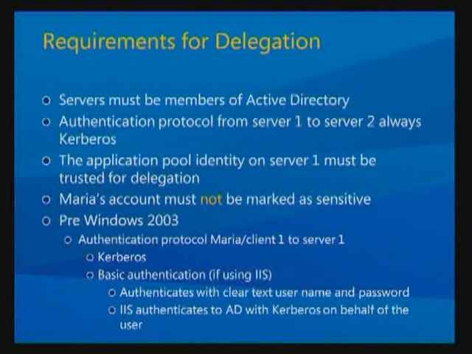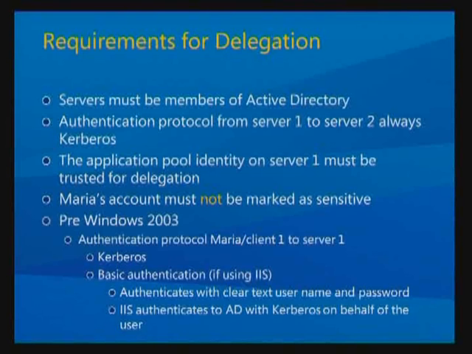And Maria's account, and Maria is coming in from the client out here somewhere and hitting server 1, Maria's account must not be marked as sensitive. If it's marked as sensitive, she's not going to be able to forward a ticket to be actually passed on. Right, this is a summary. We will get to the details of this in terms of account sensitivity.